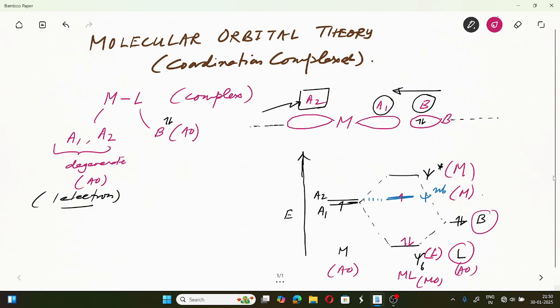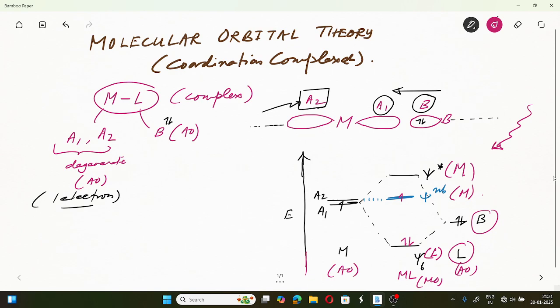Now, if we want to compare this with crystal field theory, from the molecular orbital approach, for the simplified ML complex, we are getting this molecular orbital energy level diagram.